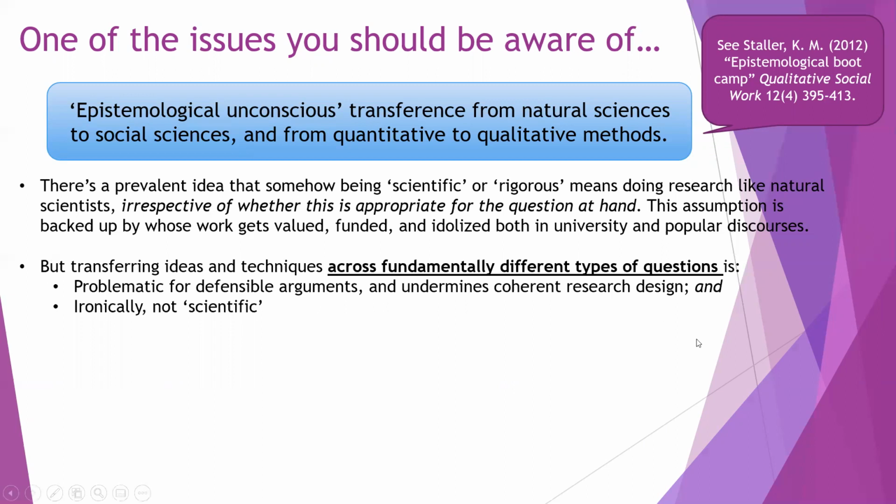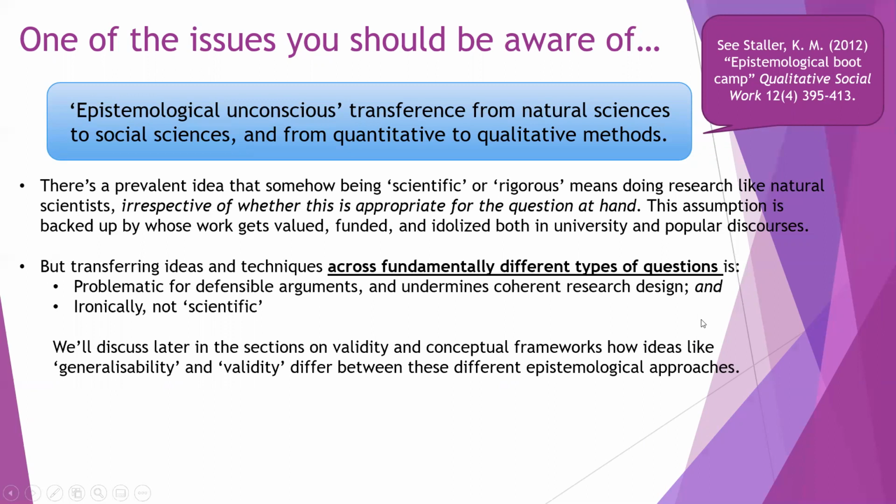Now, we'll have future sessions on validity and on conceptual frameworks, and also how ideas that are often associated with positivist or natural sciences, like generalizability or validity, differ depending on the epistemological approach that you're taking, depending on the type of research question you're asking.